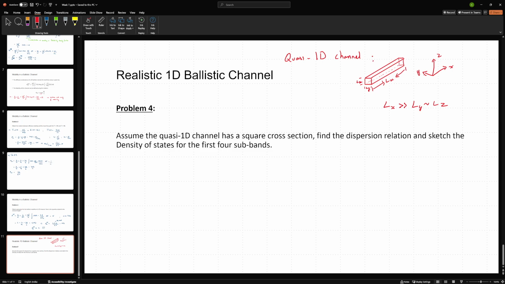That is this figure. So first, step 1 is to treat the channel as a 3D infinite well.